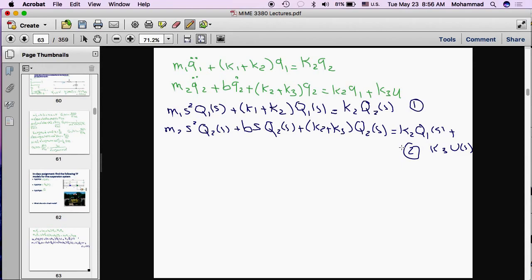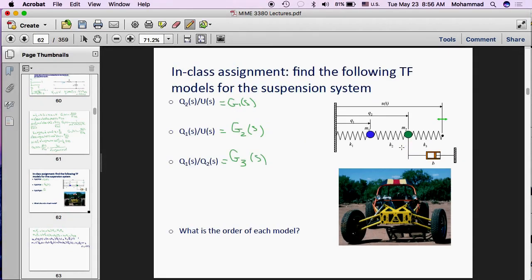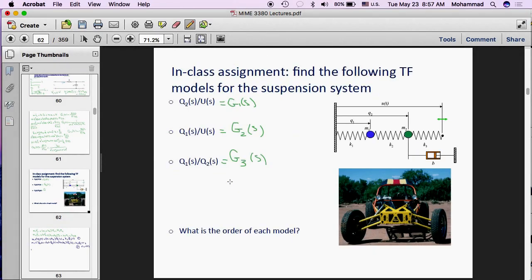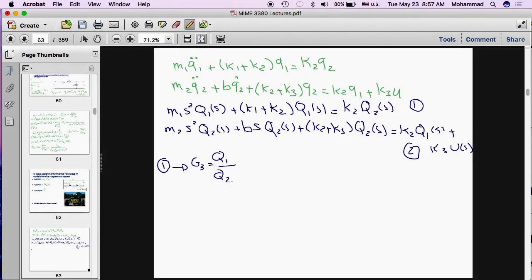Now, when you look closely at equation 1, what transfer function can you find from equation 1? Yes, you see Q1 and Q2 present in there. So you can form a G3, which was Q1 over Q2. So you can immediately take equation 1 and form it into G3. Do we know the answer immediately or do we have to do anything to it?